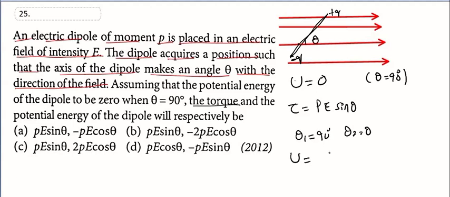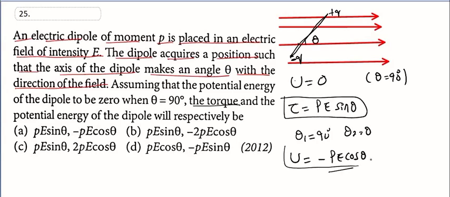The potential energy is equal to how much? Minus PE cos theta. So which is the right answer? This is the torque, this is the potential energy, PE sin theta minus PE cos theta. That is, option A is the right answer for the 25th question.